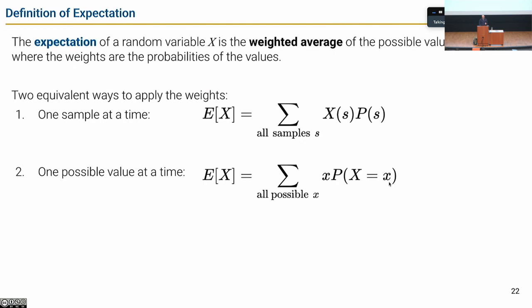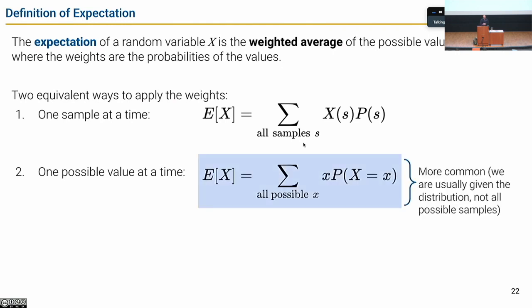Then x equals 1: all the ways to get 1 data science student in my sample of 3 students, times 1, and so on. Here, this sum is over all samples of size 3. Much bigger sum. The bottom one is more common, simpler sums. We often have access to this probability function, so we can do this directly.